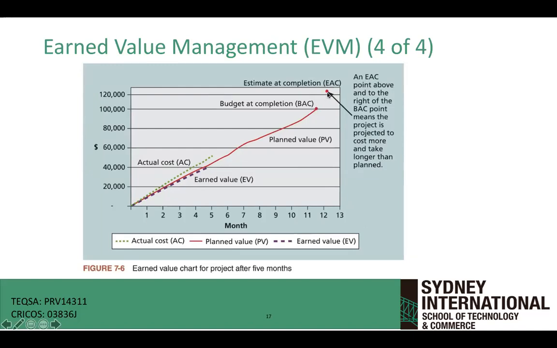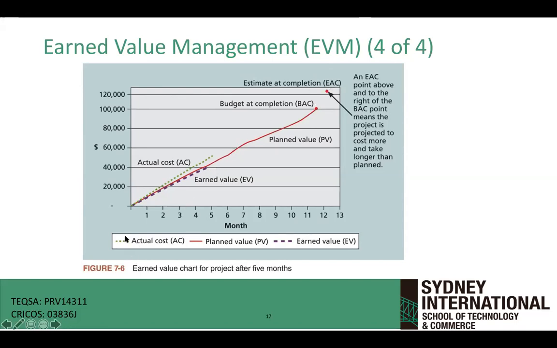Is it going to cost me more to complete the project? I compare what I was budgeted for the project to cost versus how much it is estimated to cost me at the end of the actual project.